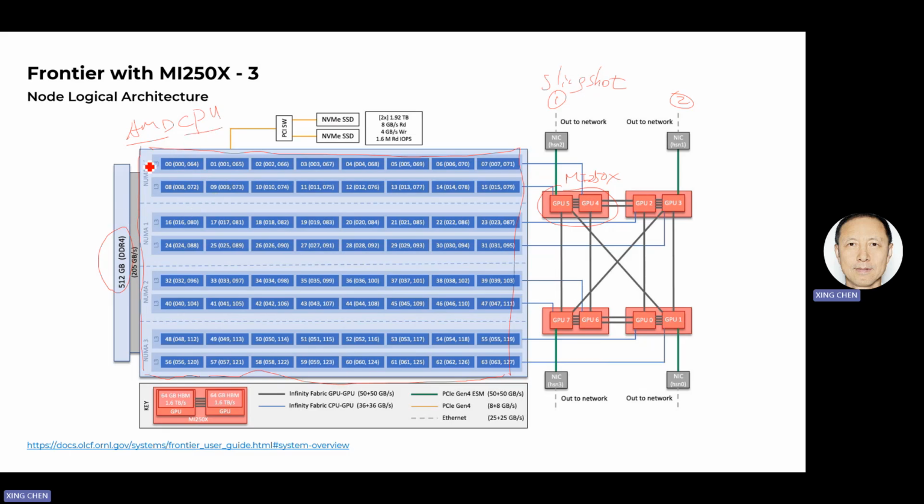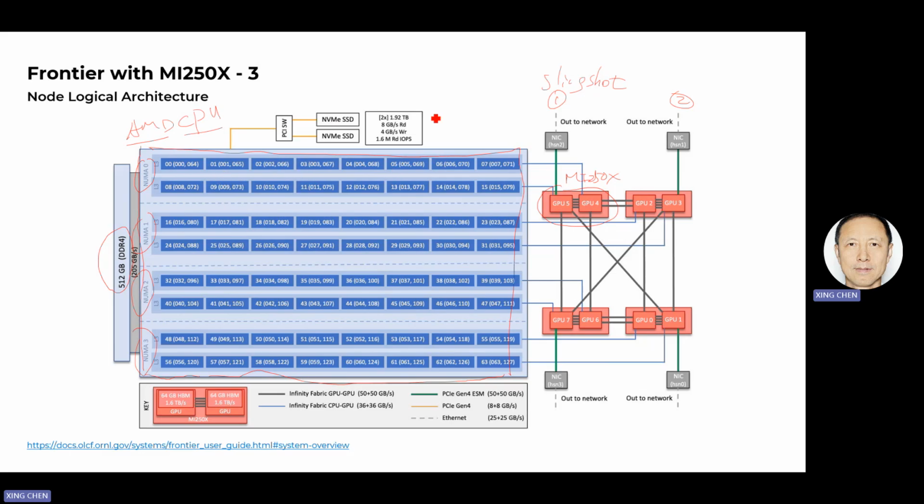Here you have 4 NUMA nodes, if you do a partition of the I/O subsystem. And each NUMA node you have two L3 regions.